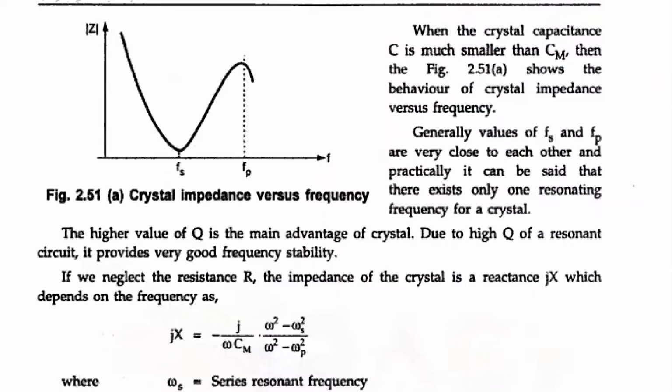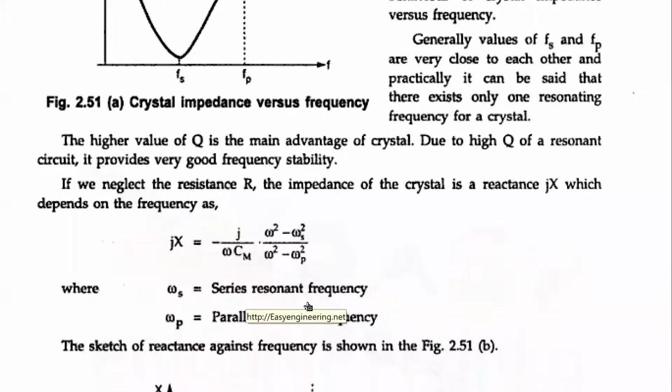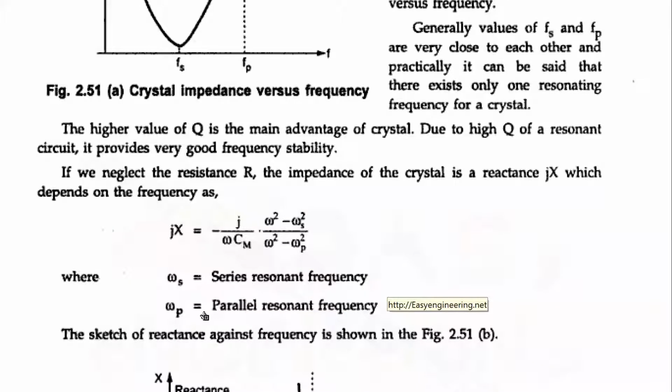If we neglect R, and find the equivalent impedance of the crystal, the result will be minus j by omega Cm into (omega square minus omega S square) by (omega square minus omega P square), where omega S is the series resonant frequency in radian per second, and omega P is the parallel resonant frequency in radian per second.